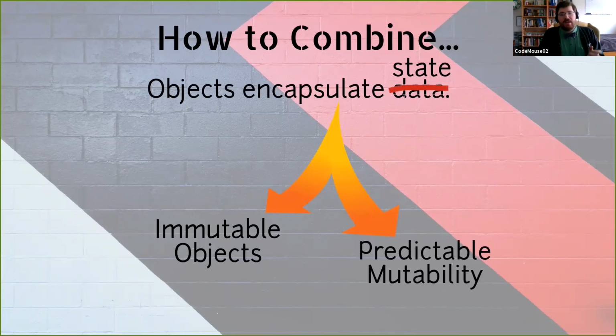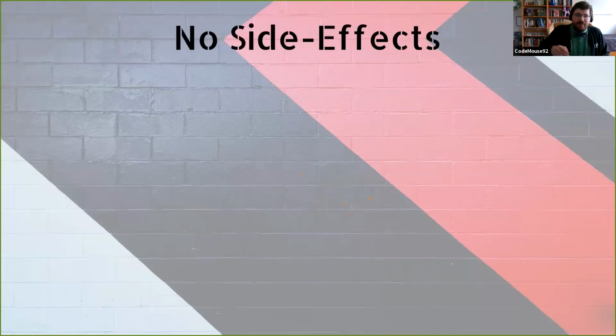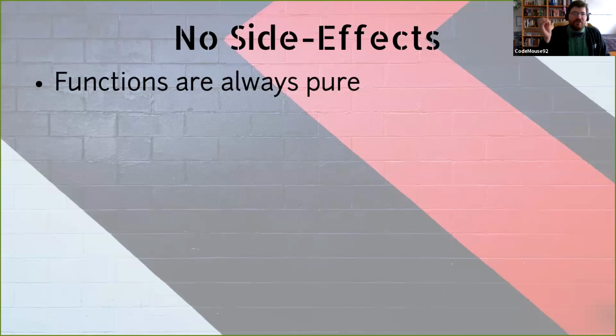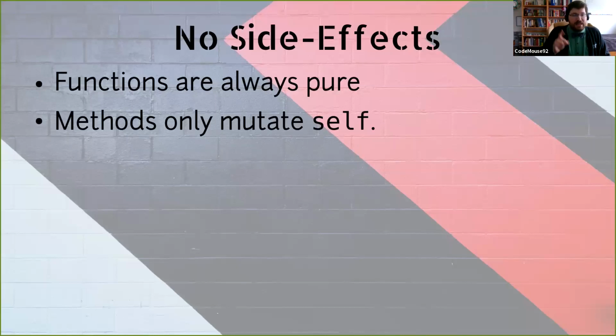I want mutability. So I want predictable mutability, getting away from this madness of not knowing when something's going to change. So when we're trying to bring this no side effects rule into object-oriented programming, the first thing we have to do is remember our functions always have to be pure. A function should never mutate its arguments, period. However, methods can mutate self.